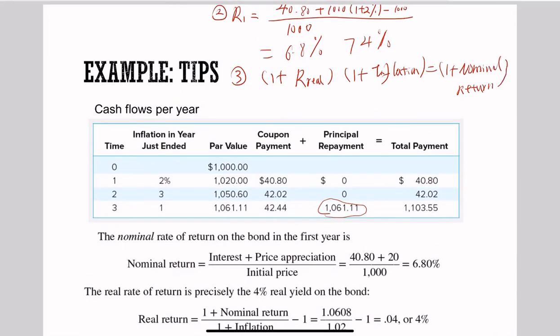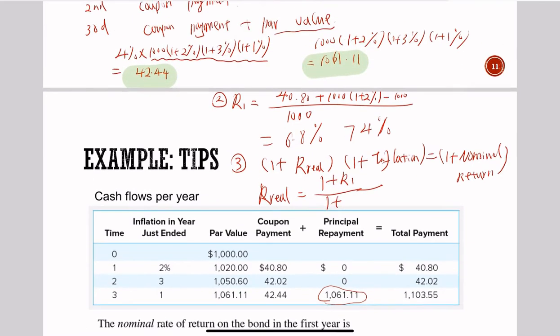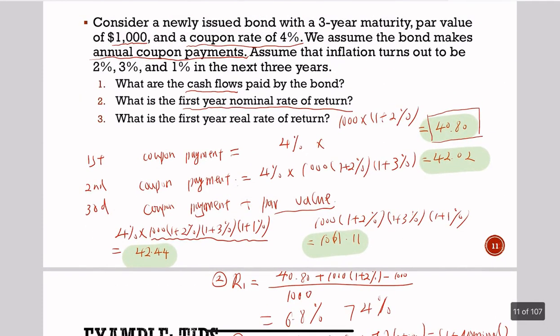If you have taken macroeconomics, then you should be able to understand this. But if you haven't taken macroeconomics, you could just memorize this formula. So the real return equals 1 plus nominal rate divided by 1 plus inflation, the first year's inflation, right?